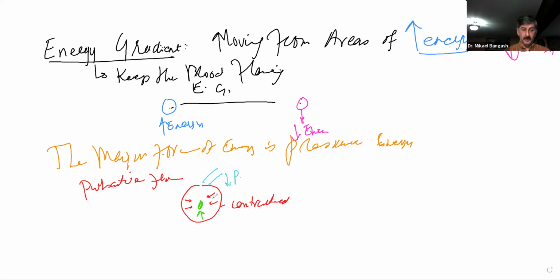Due to this increasing pressure in the chambers of the heart, the blood moves from an area of high pressure to an area of low pressure. Primarily, the major reason for that is going to be pressure energy. Did you guys get that?